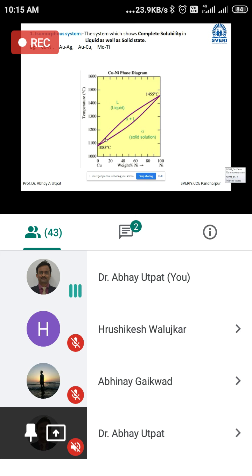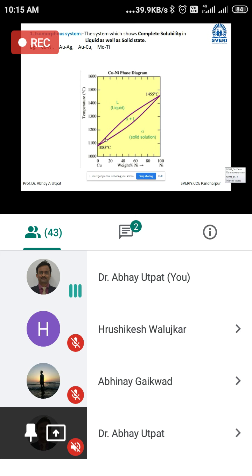You recall the memories of yesterday's lecture? The same diagram we have plotted; we studied how to plot an equilibrium diagram. At that time, we took the copper and nickel system. What is the speciality of copper and nickel?